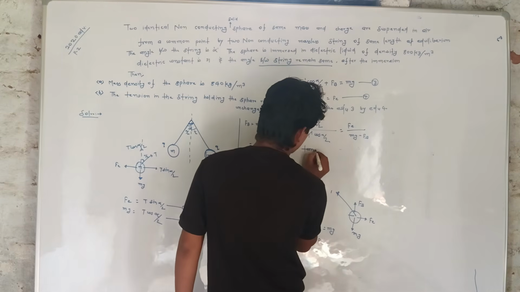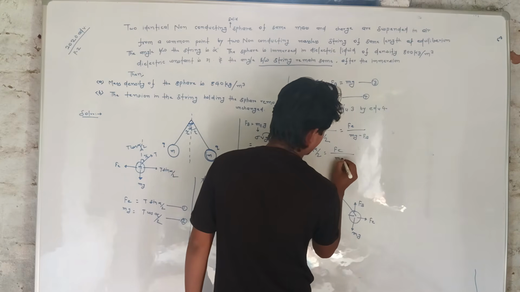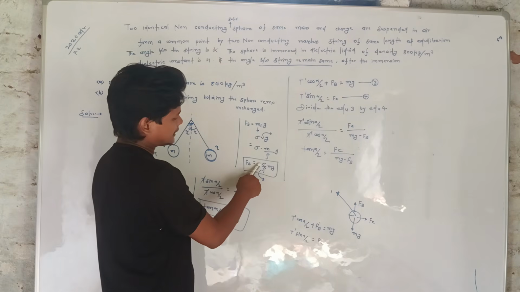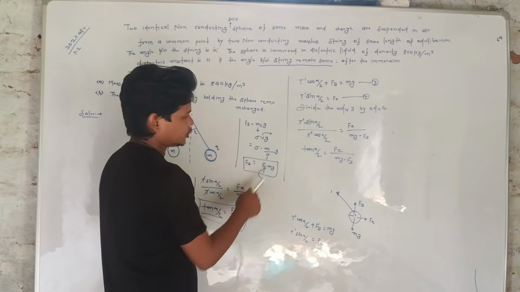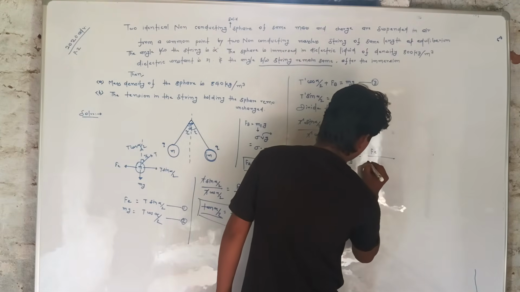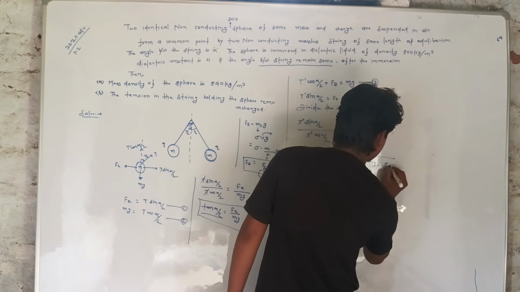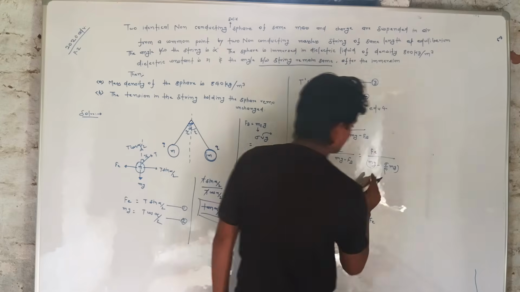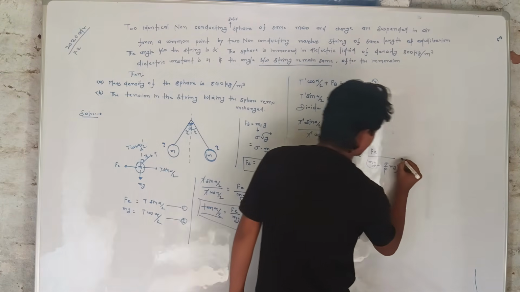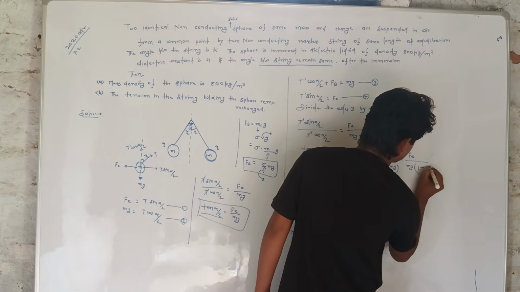So tan alpha by 2 is equal to Fe upon mg minus Fb, and we calculate Fb as sigma upon rho into mg. So we can write it also as Fe upon mg minus sigma by rho into mg. Here mg is in both the terms, so we can common out the mg. So we can write it as Fe upon mg into 1 minus sigma by rho.